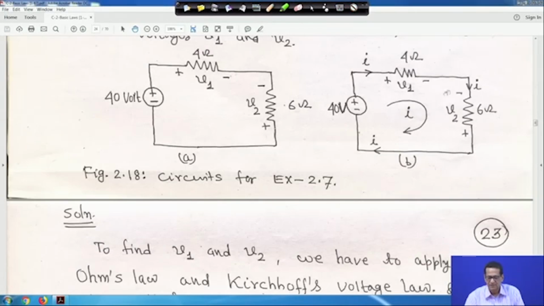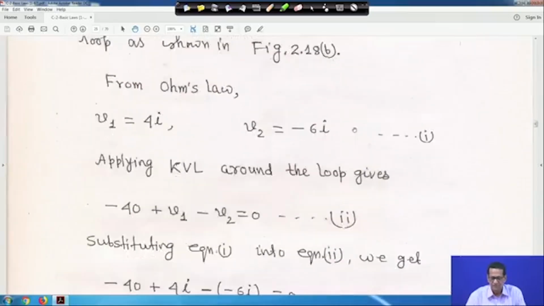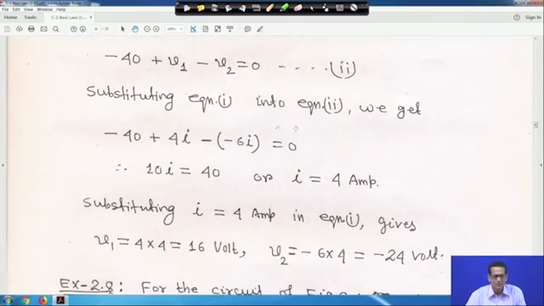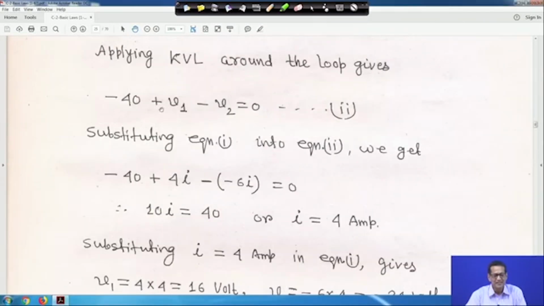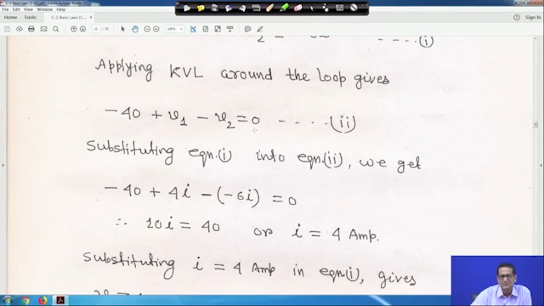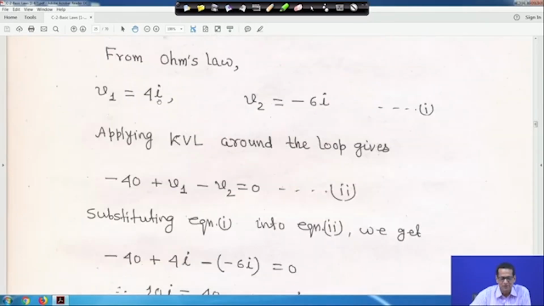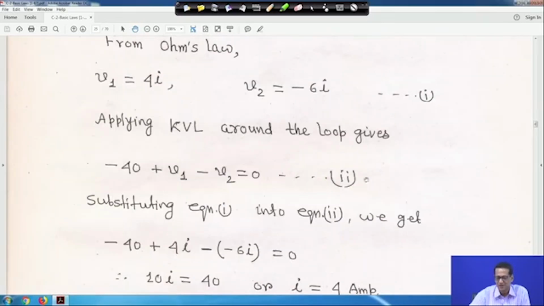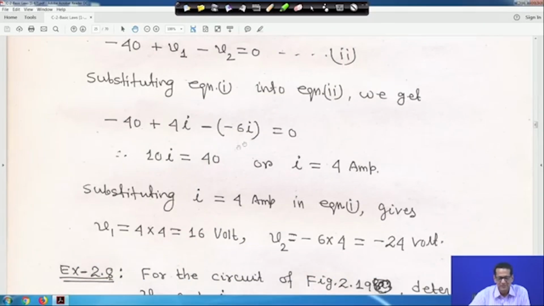So I is equal to 4 ampere, from minus 40 plus V1 minus V2, which I just wrote for you. In this case, you put V1 equal to 4I and V2 equal to minus 6I. The equation numbers are given as 1 and 2. So it gives 10I is equal to 40, or I is equal to 4 ampere. Putting I equal to 4 in equation 1, V1 is equal to 4 into 4, that is 16 volt.